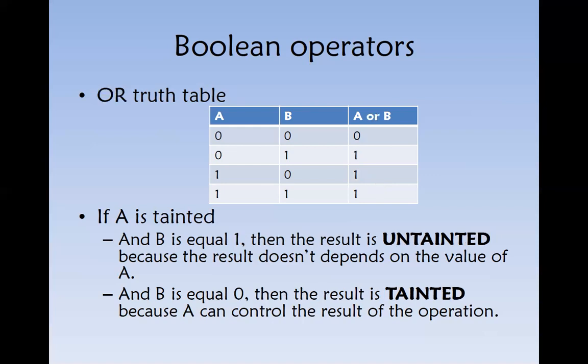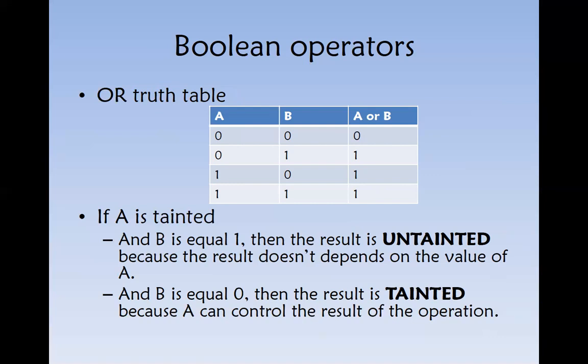So here's the OR truth table. If A is tainted over here and A and B are both equal to 1, then the result is untainted because the value would have been 1 anyway, right? Just the dual of AND. And if A and B are equal to 0, then the result is tainted because A can control the result of the operation.